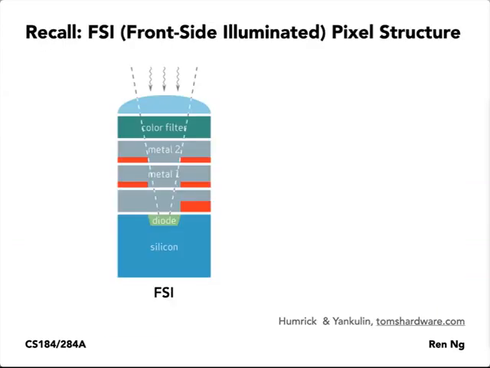Okay, now let me tell you about the main technology that's evolved to try to eliminate some of these geometric structure issues that I talked about. The structure that I showed you is sometimes called front side illuminated pixel structure. What this means is that in a semiconductor fab, you have the wafer, which is silicon, the surface.